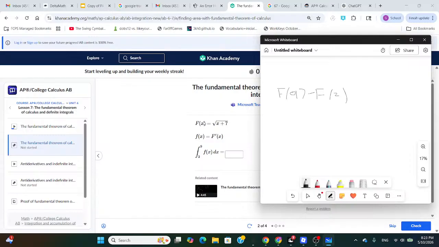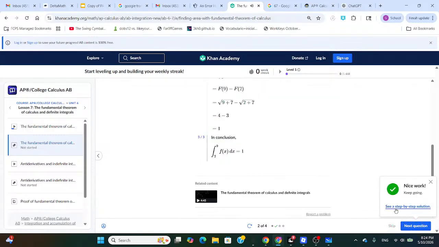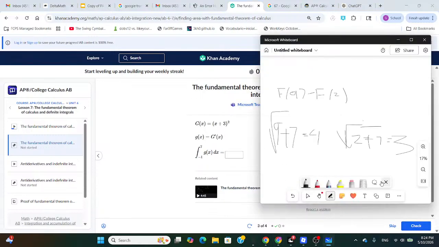Is it not that? All right, let's just try it out first. 9 plus 7, square root of that equals 4. And then, oh, that's bad. 2 plus 7 square root equals 3. So 4 minus 3. Oh, it's 1. Oh, it's just like that? All right.